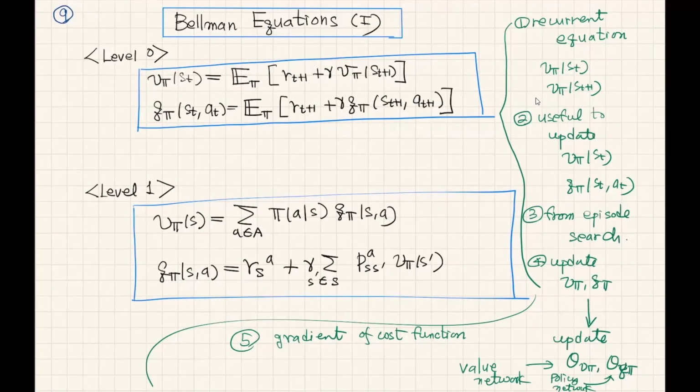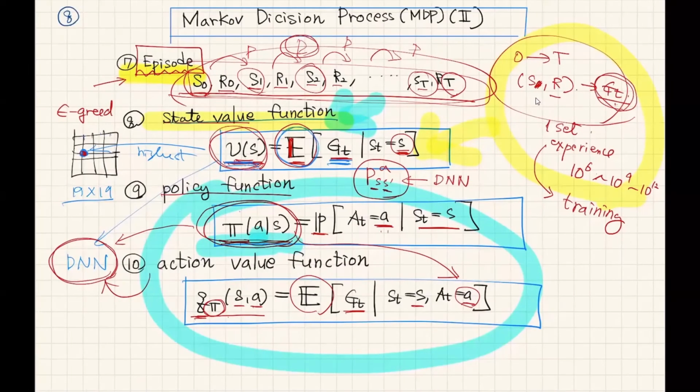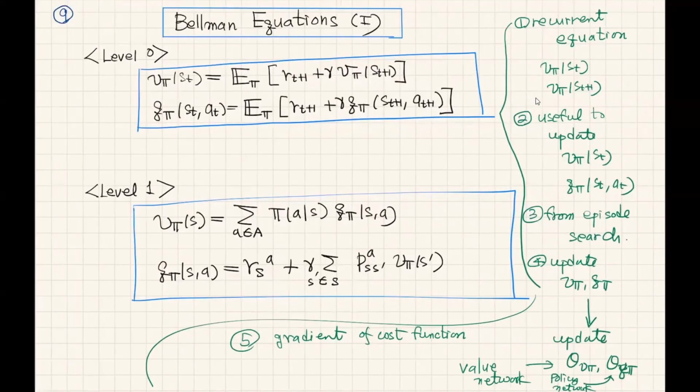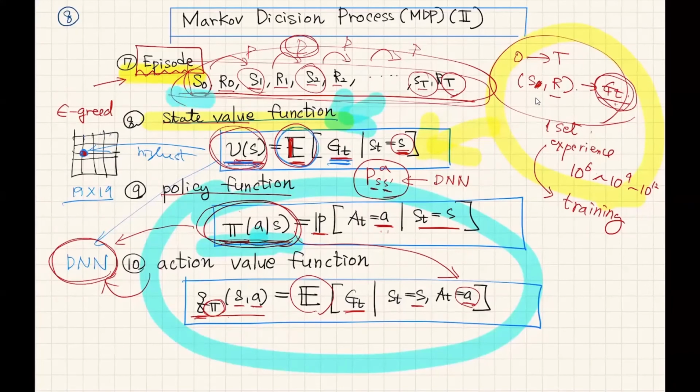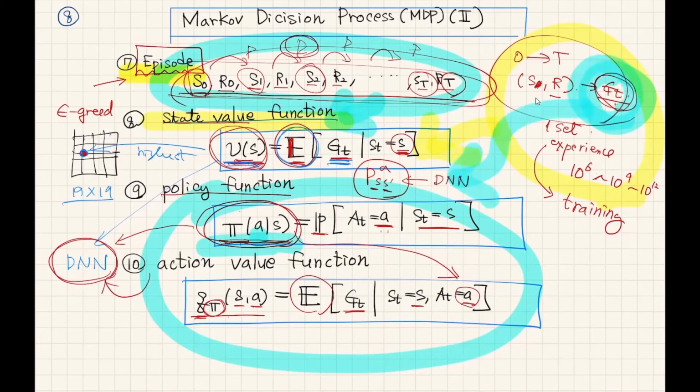I will come back again to explain more. Up here, I said we have to update this episode and we have to update the total return. But how do we make this episode and calculate this return, and once you have it, apply it to the training of the state value function and policy function networks? So how do we do that?